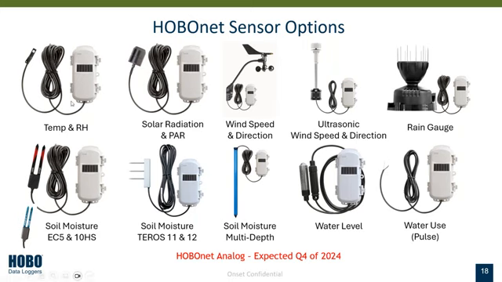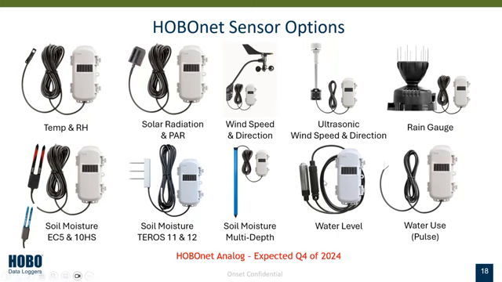Some of these sensor options: temperature and relative humidity, solar radiation and PAR, wind speed and direction, and rain gauges. These come up very often on these dam sites. A whole line of soil moisture sensors, multi-depth ones that do soil moisture, temperature, and EC as well.